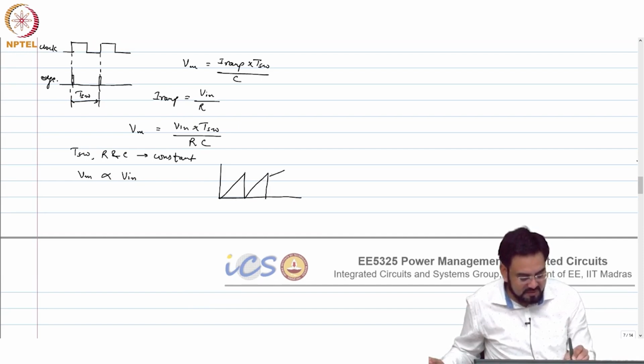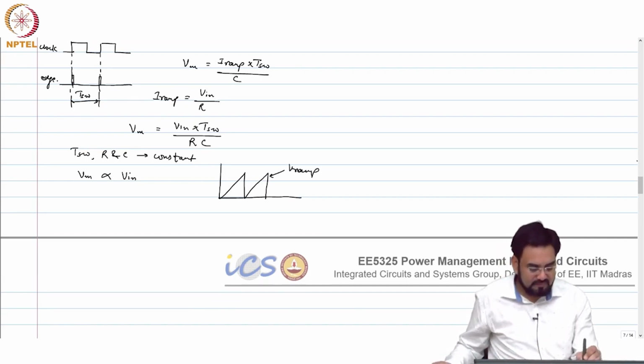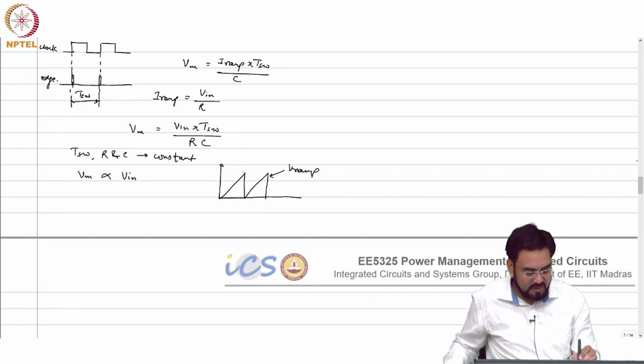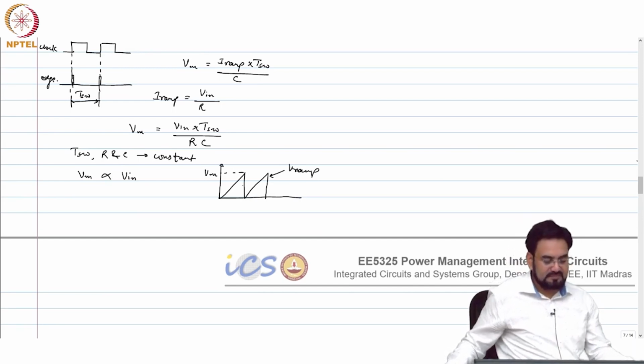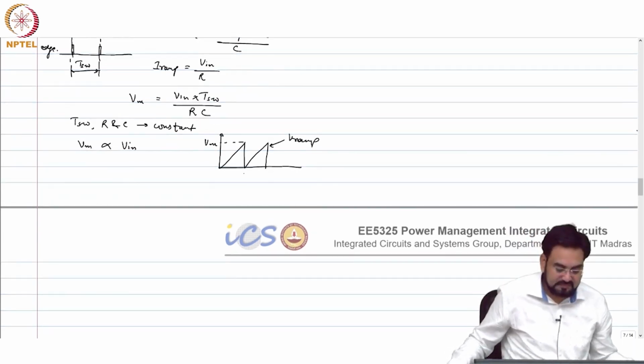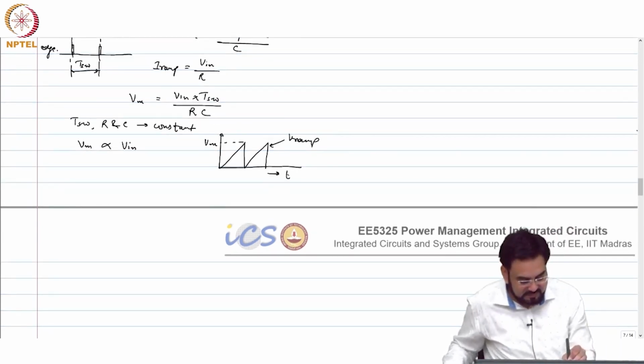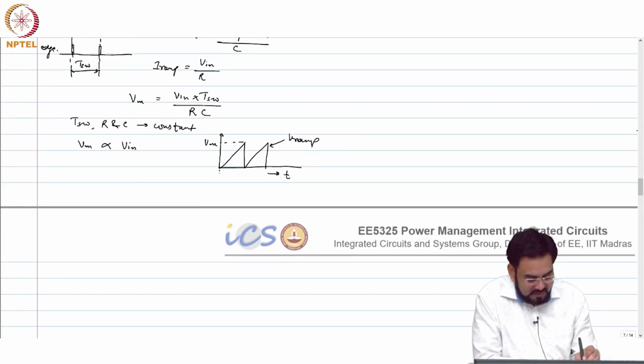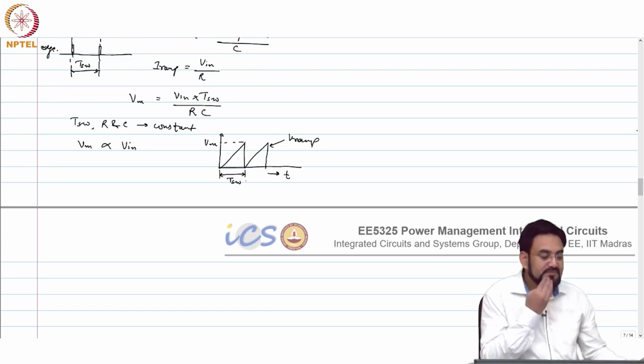This is your V ramp, and this is your Vm. And what will be this period? TSW.